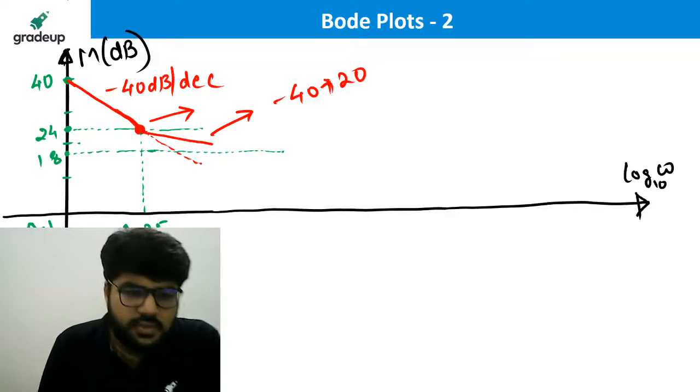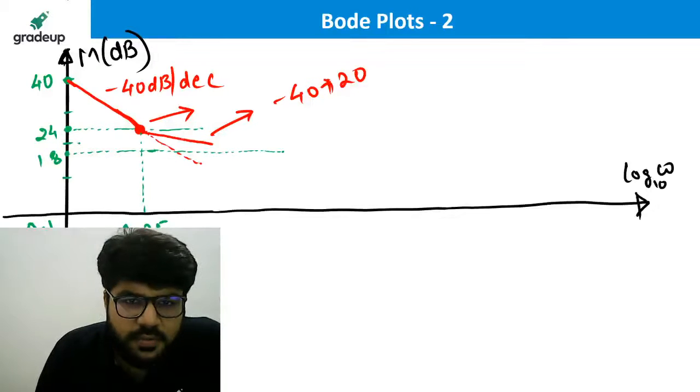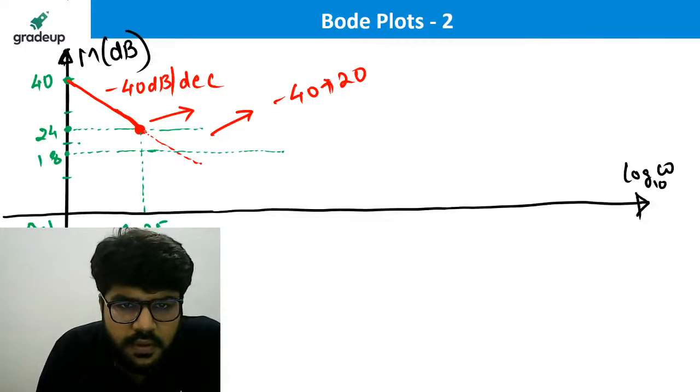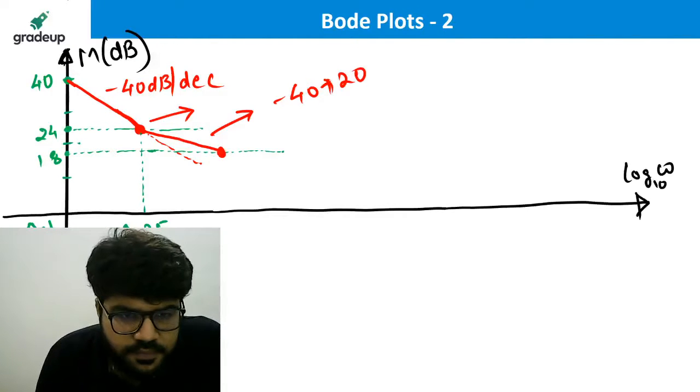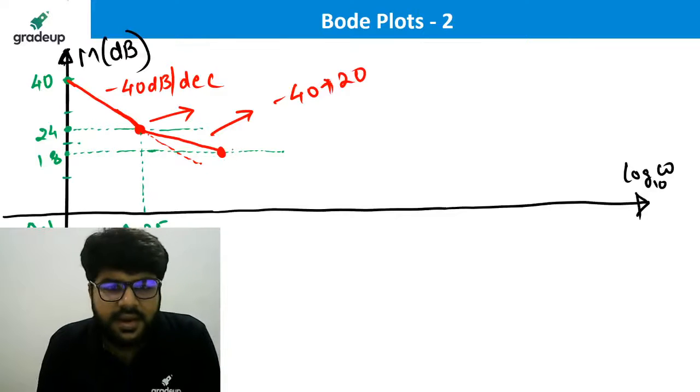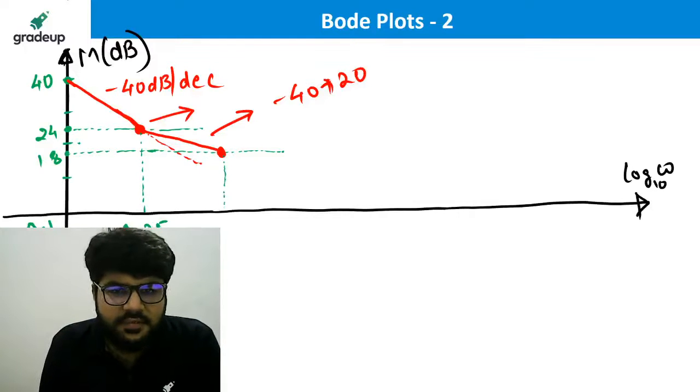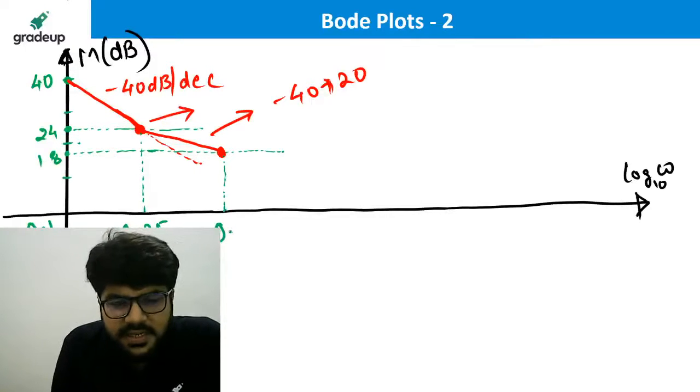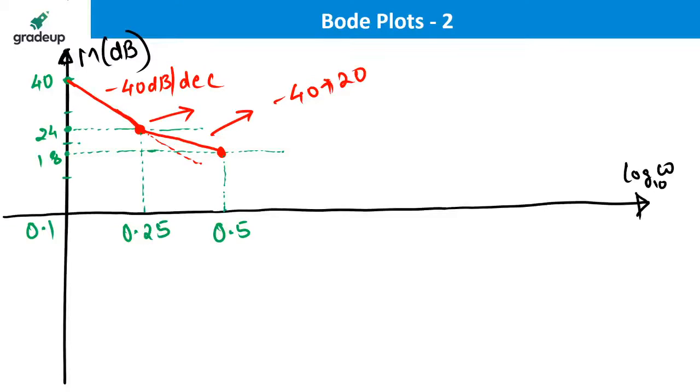Okay, so let us join the points now. And this represents the frequency. This represents the next corner frequency of 0.5. See this one, 0.5.